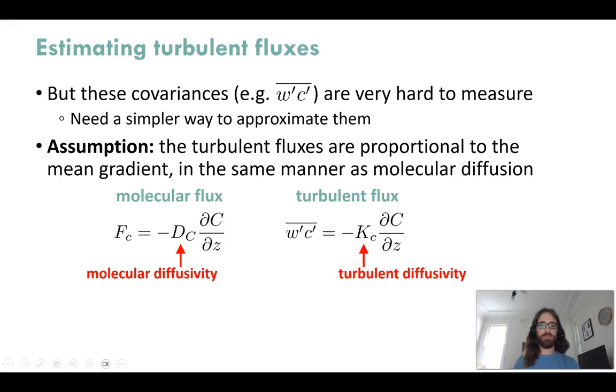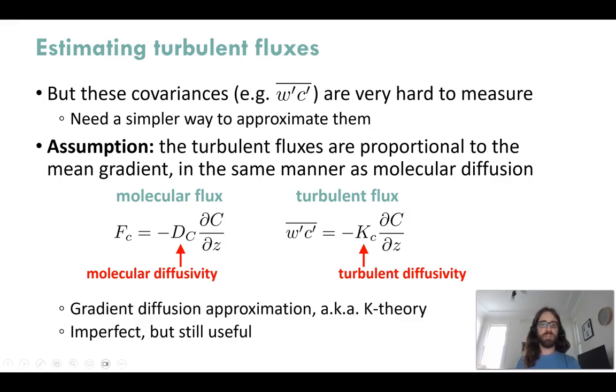So the definition for molecular fluxes is that the flux is equal to the negative of some diffusivity constant multiplied by a mean gradient. And the assumption is that the turbulent fluxes, these covariances, are also a negative of a turbulent diffusivity constant multiplied by the mean gradient.